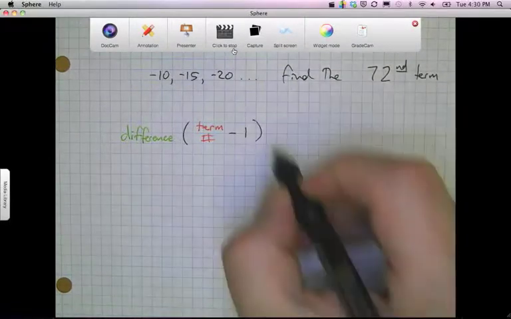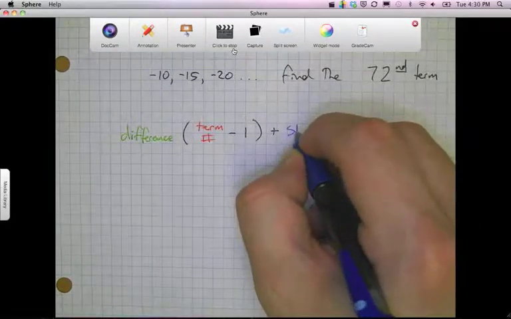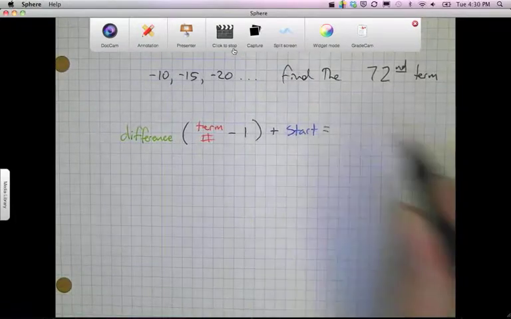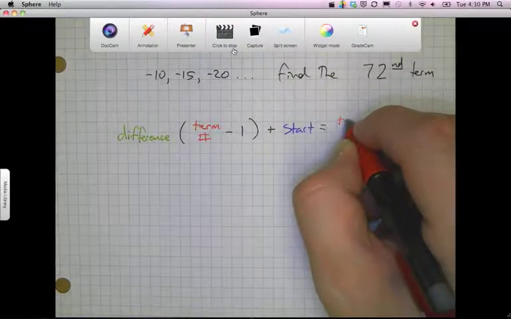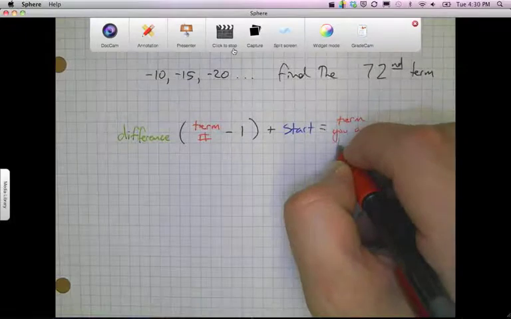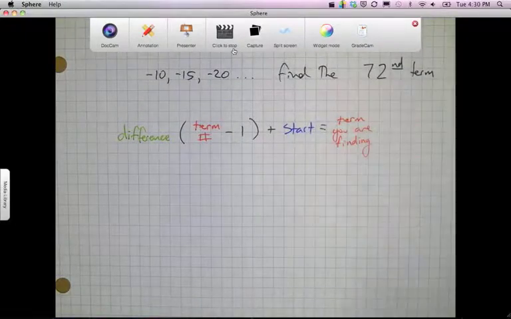And you're going to add that to where your sequence starts. And that will give you the term you are looking for. So that's the basic idea.